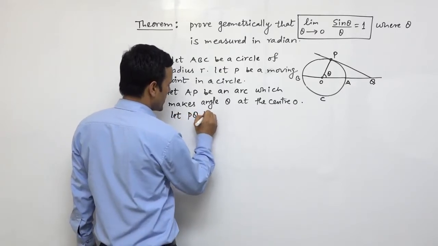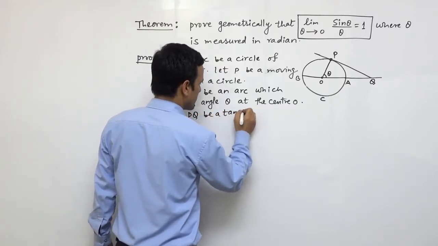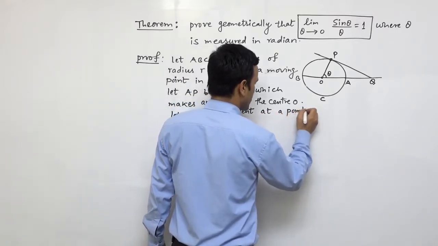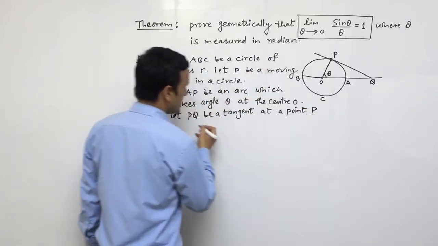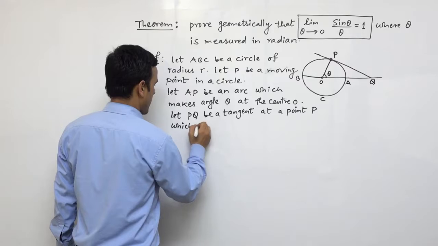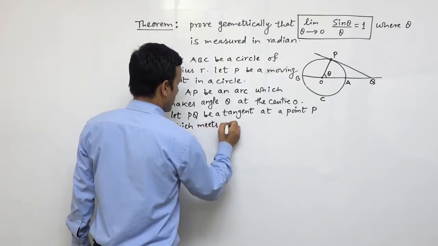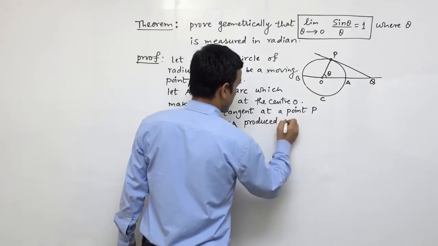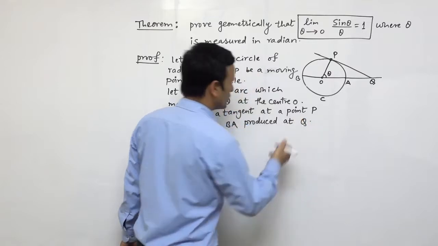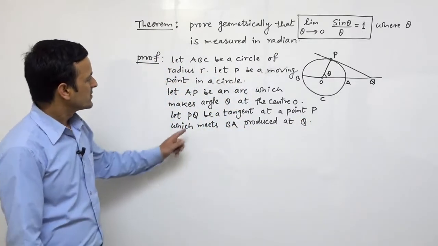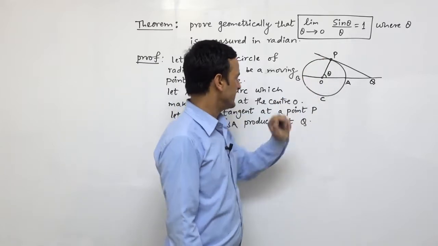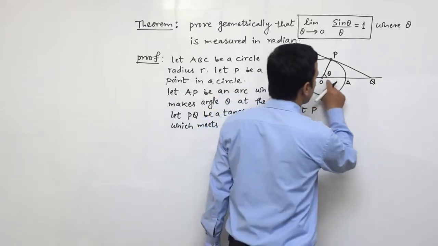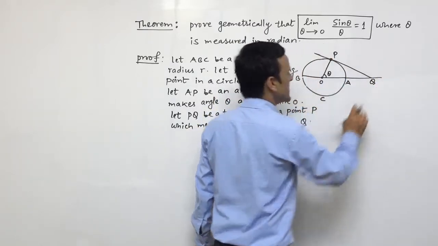Let PQ be a tangent at a point P which meets BA produced at Q. At the point Q that we produced, this tangent meets.